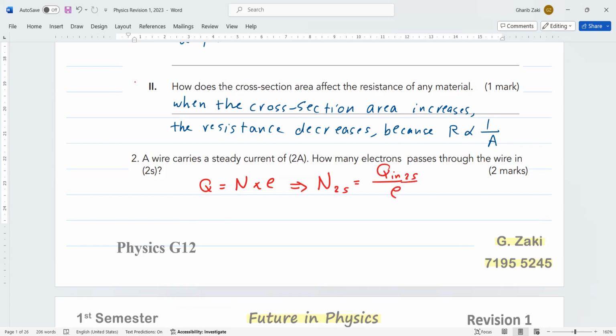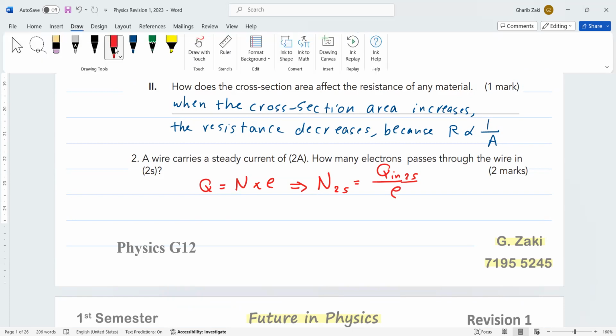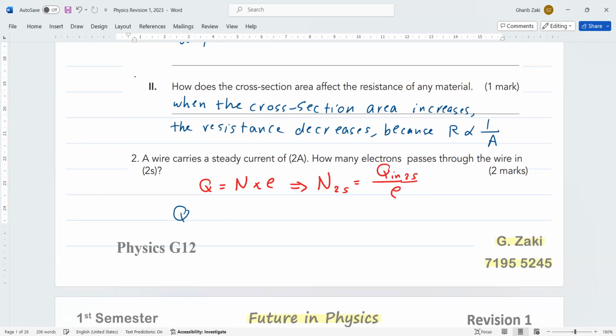So we need to find the charge in 2 seconds. Q in 2 seconds equals I multiply the time, which is 2. It's 2 multiply 2 equals 4 coulomb. This is the charge in 2 seconds.